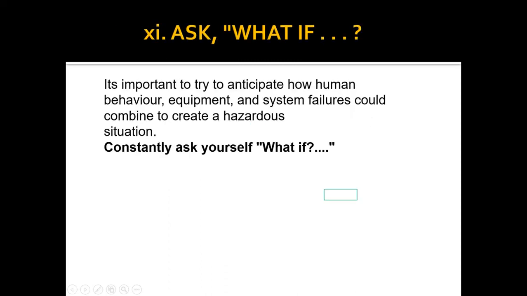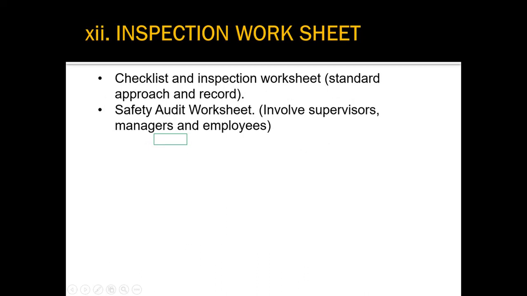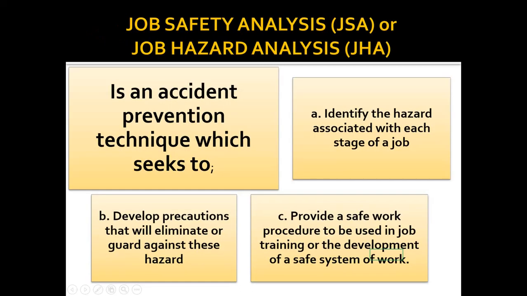And for asking what if, it's important to try to anticipate how human behavior, equipment, and system failure could combine to create a hazardous situation. Constantly ask yourself what if. And you need to do the checklist and inspection worksheet, standard approach and record, and safety audit worksheet involving supervisors, managers, and employees.